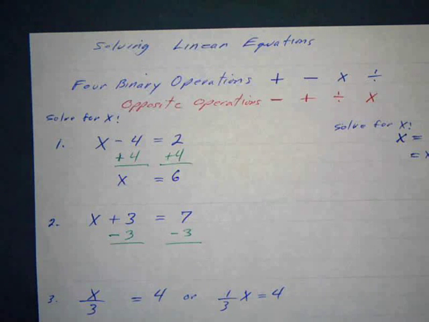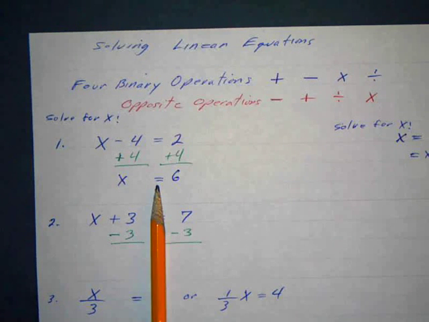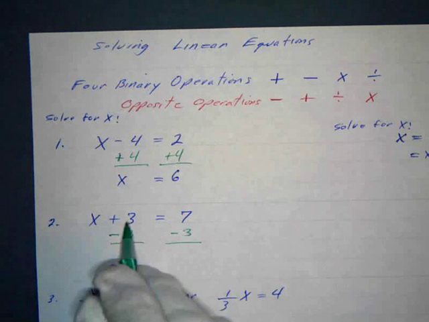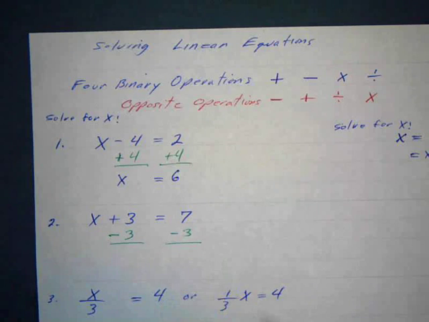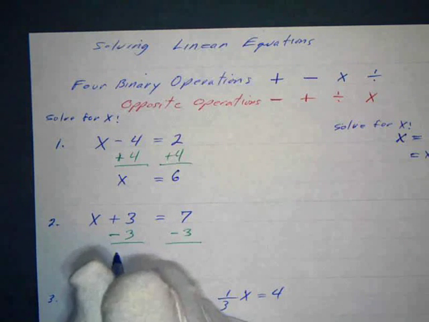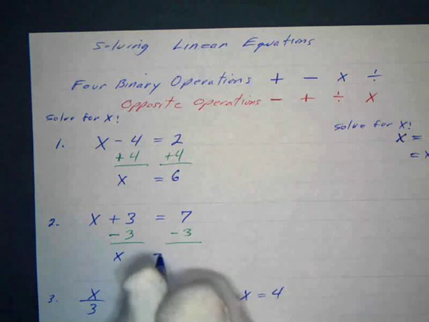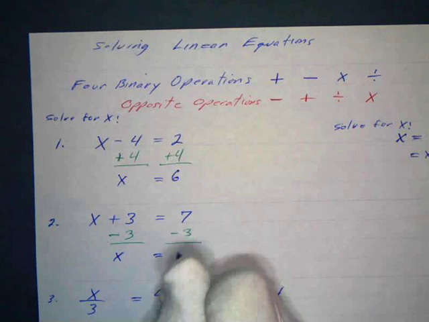And again, remember, I'm doing the same thing to the left and to the right of my equal sign. 3 minus 3 is 0. x plus 0 is just x. So I've got x on the left. And that equals, and 7 minus 3 is 4.